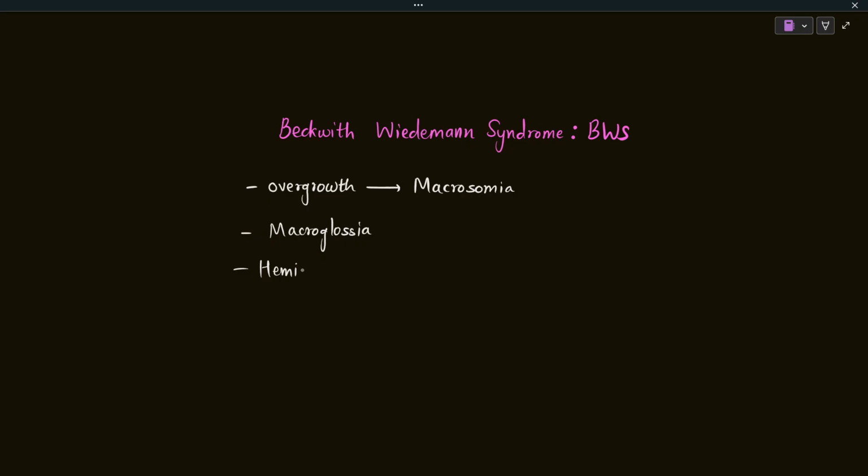hemihyperplasia, the asymmetrical growth of one side of the body, and this also leads to predisposition to childhood tumors such as kidney cancer and lung cancer.